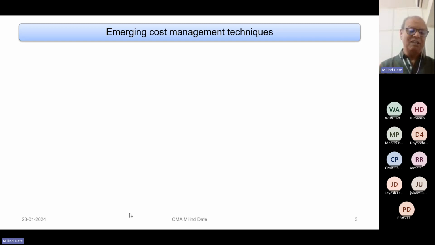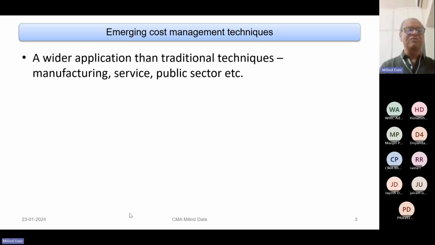However, the emerging techniques, many of them you would see, are useful for manufacturing, service, even public sector, government sector kind of requirements.